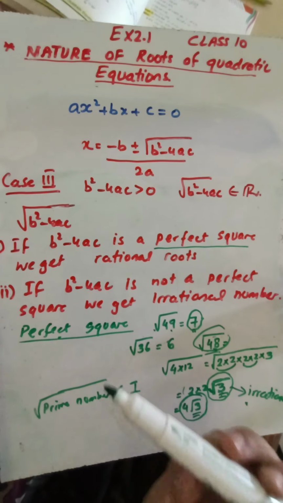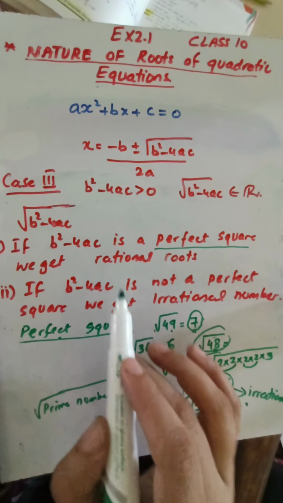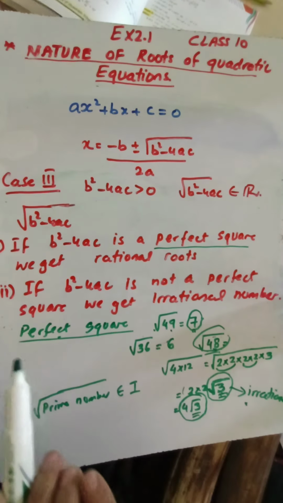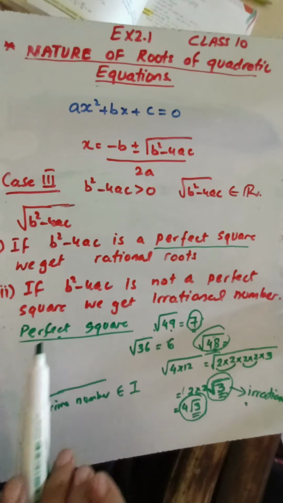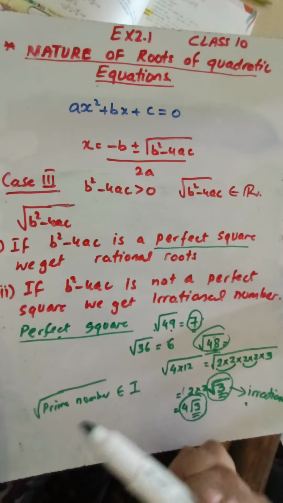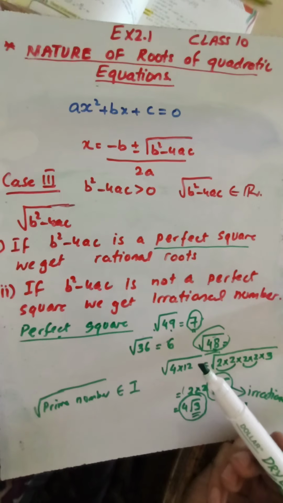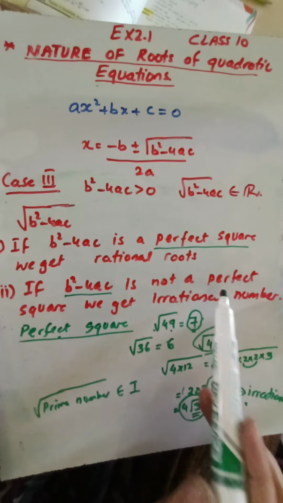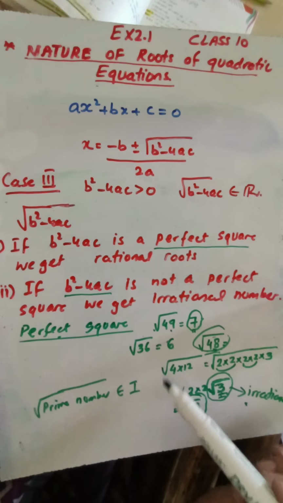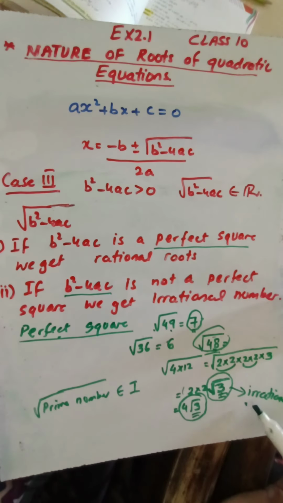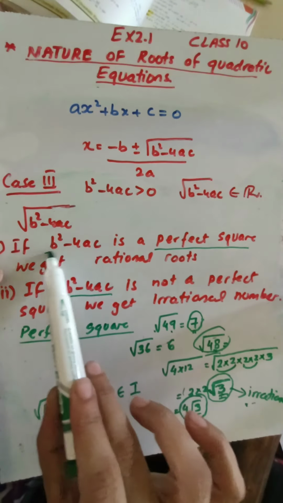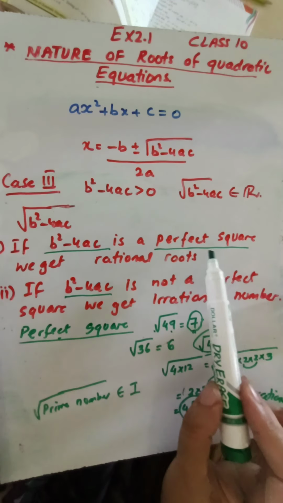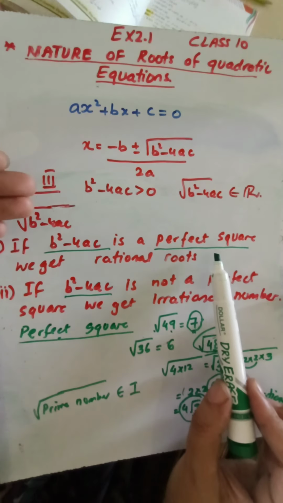The second thing that we need to learn is what impact this has on the roots of the quadratic equation. If b square minus 4ac is a perfect square, its root will be a whole number.